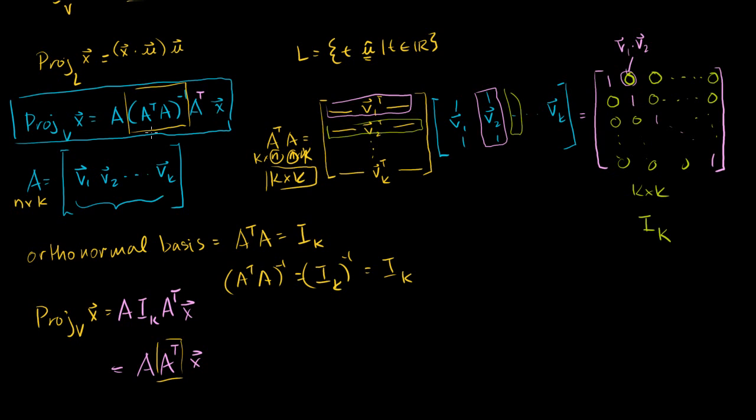But now, since we assumed that these columns form an orthonormal set, this just gets reduced to the identity matrix, and the projection of x onto V is just equal to A times A transpose, where A is the matrix where each of the column vectors are the basis vectors for our subspace V. Anyway, hopefully that gives you even more appreciation for orthonormal bases.